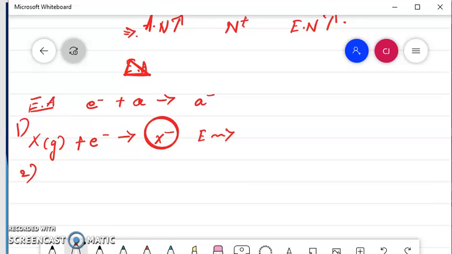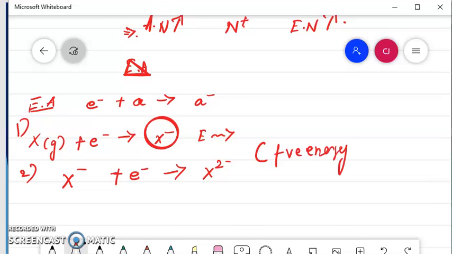What about the second electron affinity? Again, this negative ion has an electron added to it, giving a doubly negative ion. Here we get a positive energy, because the energy needed is more than the energy gained. So it has a positive energy.